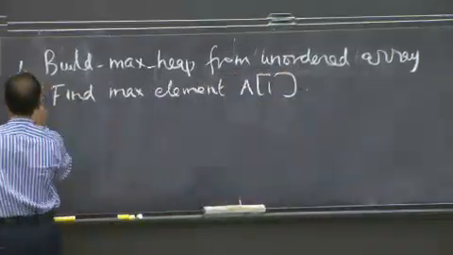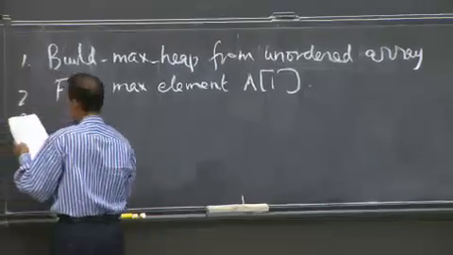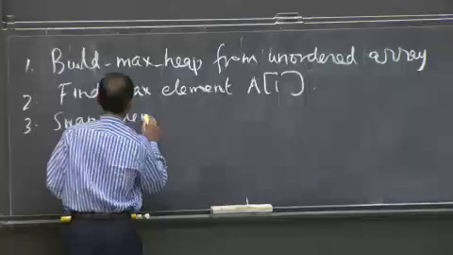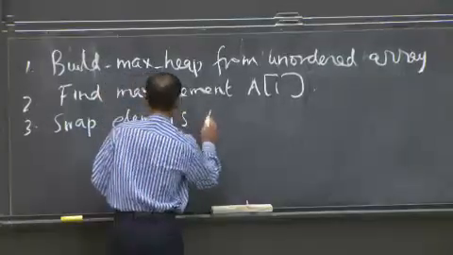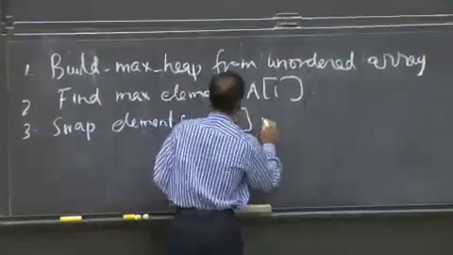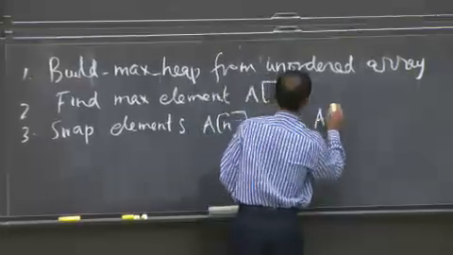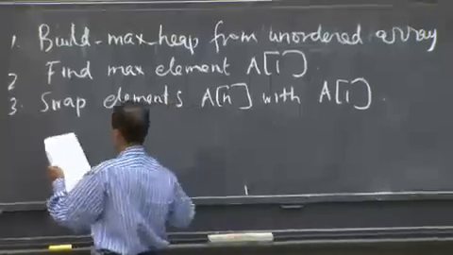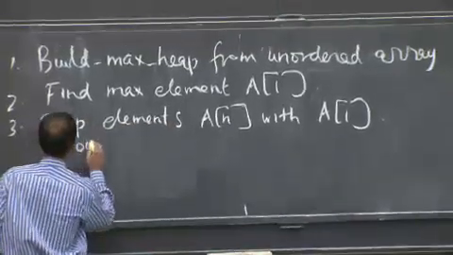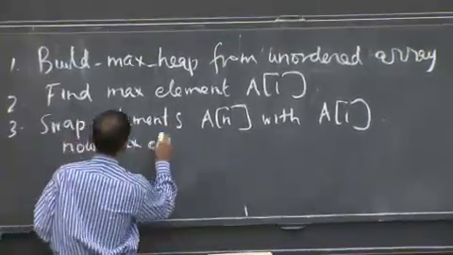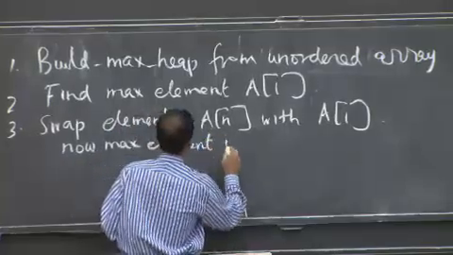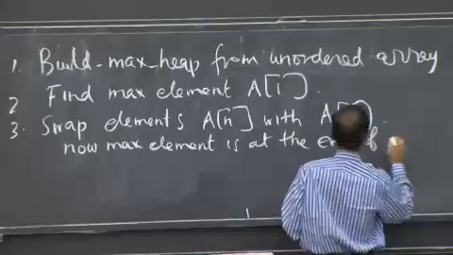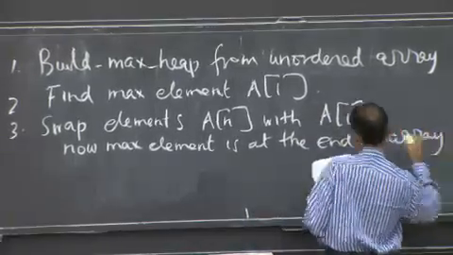Now the key step is you could do extract max, but one nice way of handling this is to swap the elements An and A1. Let me write this out and I'll explain exactly what that means. Now the maximum element is at the end of the array when you do the swap.